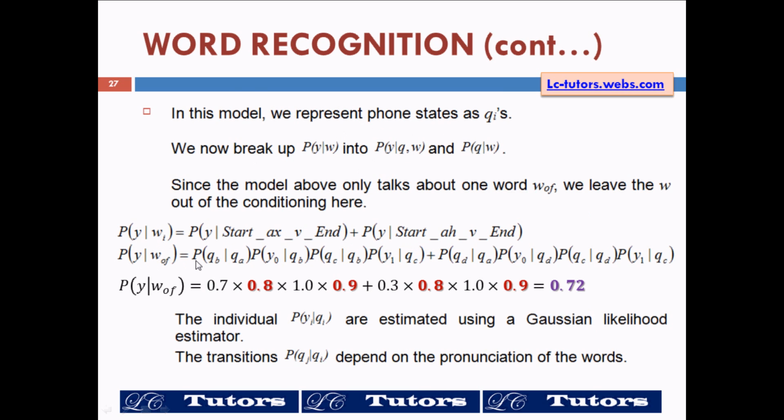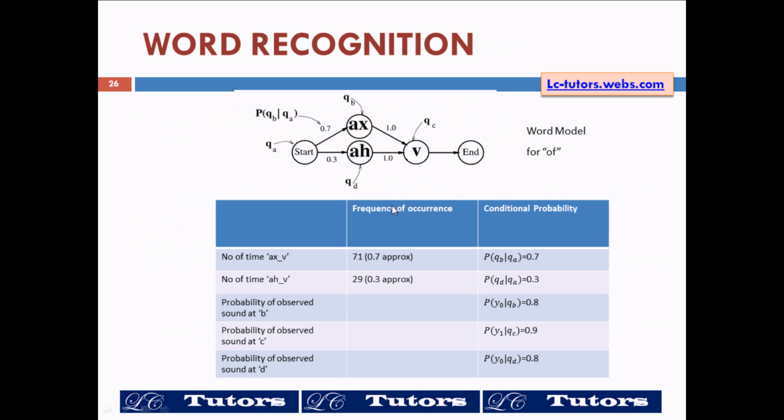The first path is P(QB|QA) times P of the acoustic vector at state B, times the jump from state B to state C, and the acoustic vector at state C. State C is here. The acoustic vector at this state is y1, this is y0.